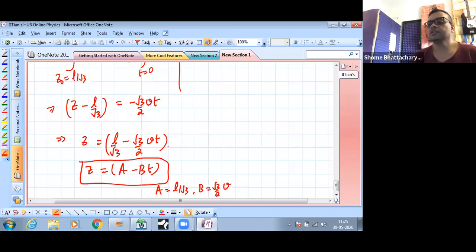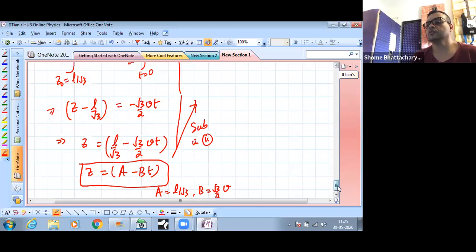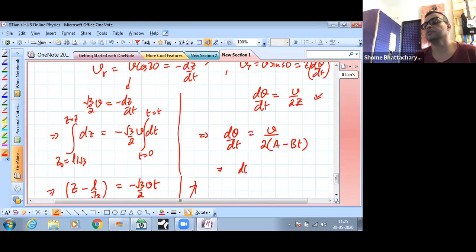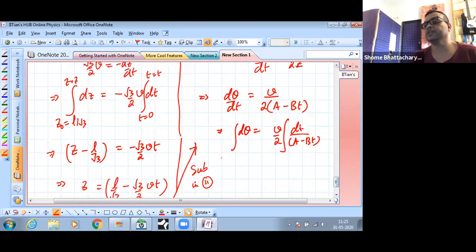Okay. So let's substitute this now in equation 2. That will show me that d theta by dt is v by 2 times (A minus b t). So now there is a standard kind of integration. You integrate this to find the time in which it is rotated by theta.